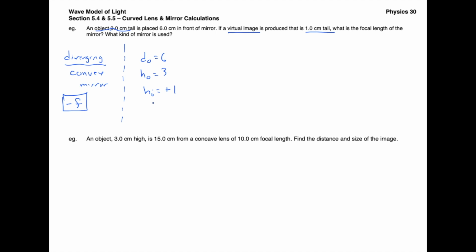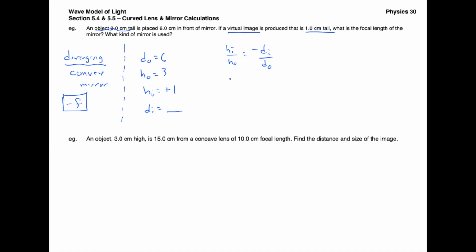So we'll first have to come up with the DI value, and once we know the DI value, then we can use the DI plus DO to get our focal length. And again, remember, we're looking for a negative focal point, so we will be able to check our answers if we're careful with our signs. So we have HI over HO equals negative DI over DO. And we're looking then for our DI value, so we can move everything else over.